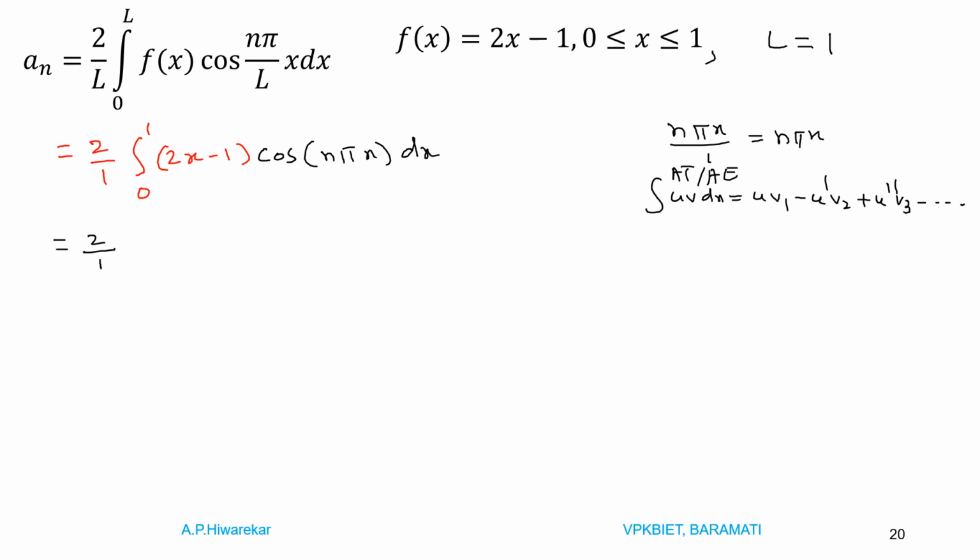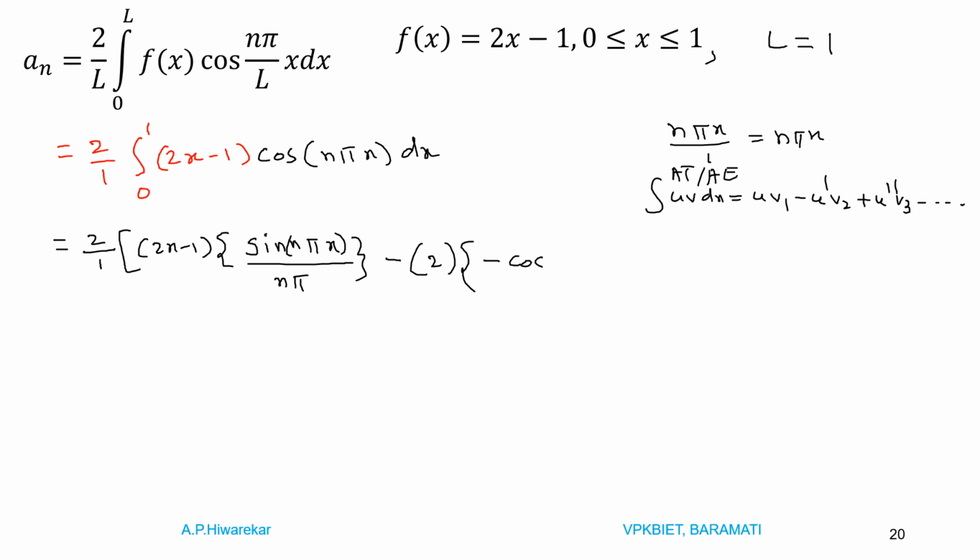So it is 2/1, then the first function 2x minus 1 as it is, the integration of cos is sine, so this is sin(n pi x) divided by n pi, minus the derivative of 2x minus 1 which is 2, the integration of sine is minus cos, so it is cos(n pi x) divided by n pi into n pi, which is n square pi square. The next term will not be there because the derivative of 2 is 0.